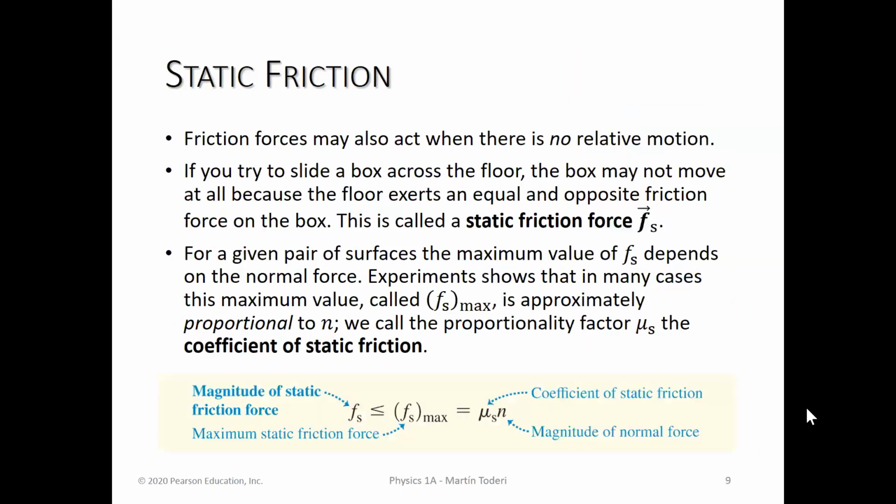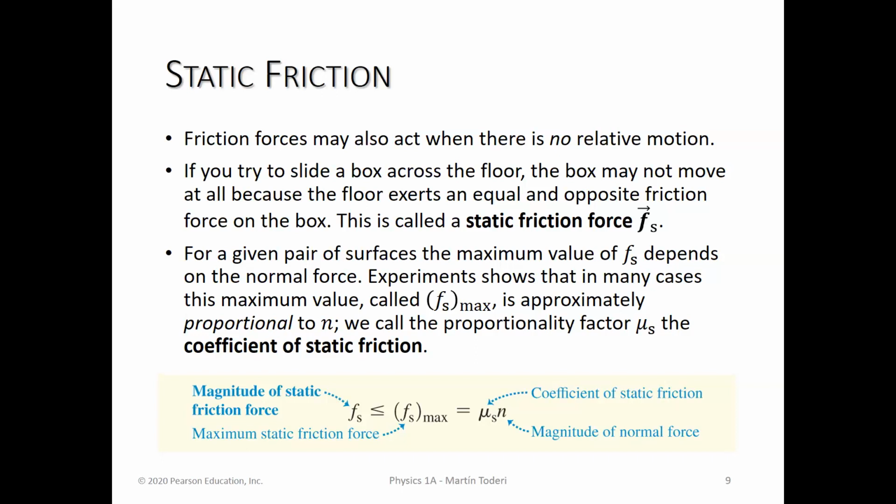So for static friction, it's kind of tricky to understand, but we can have friction even when there is no relative motion of the object. As I said before, if you try to slide a chair, or let's say a box, across the floor, the box will not move at all because the force exerts an equal and opposite friction.